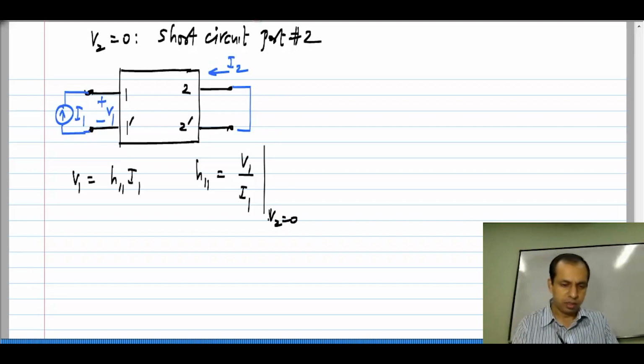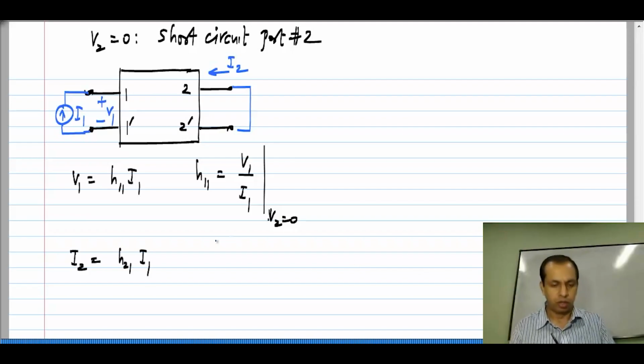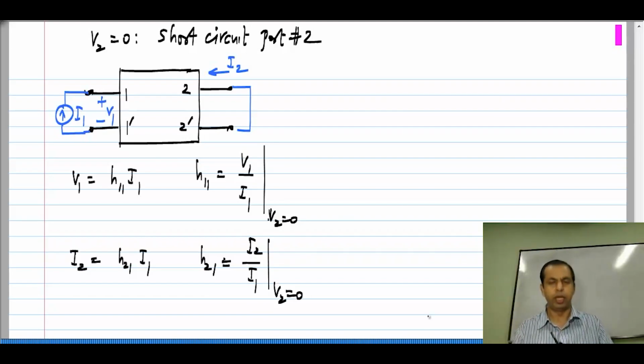And similarly, we have from the second equation, I2 is H21 times I1, or H21 is simply I2 by I1, that is the current gain from port 1 to port 2 with port 2 short circuited. Okay.